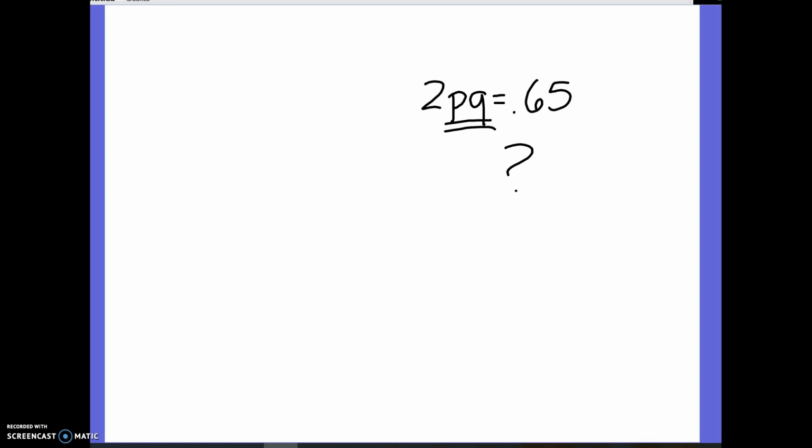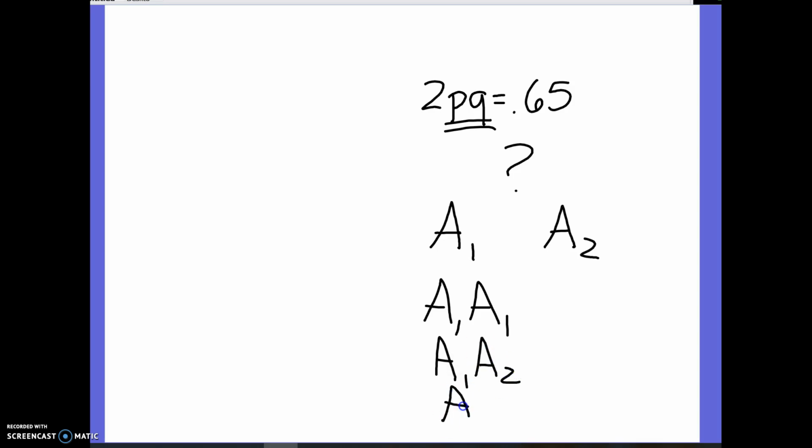Also, if it was a case of incomplete dominance, it would not matter. Like, for example, if you had A1 and A2. So, the individuals could be A1, A1, A1, A2, or A2, A2. And they told you that the frequency of A1, A1, let's say, was 0.36.